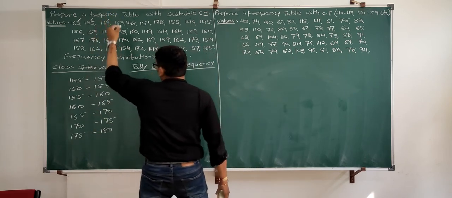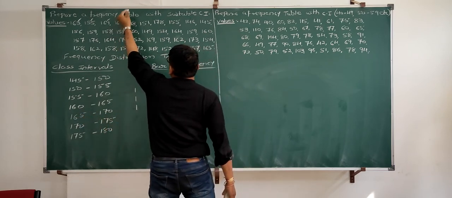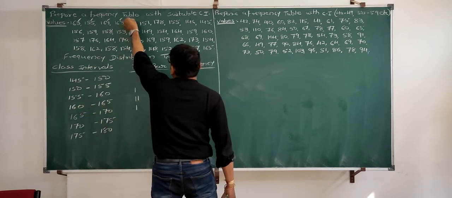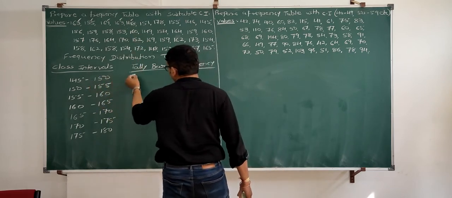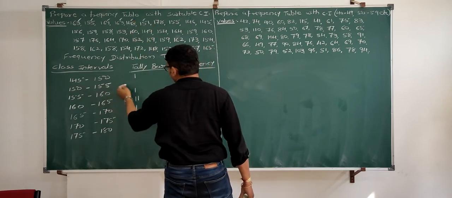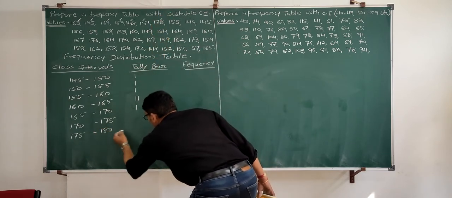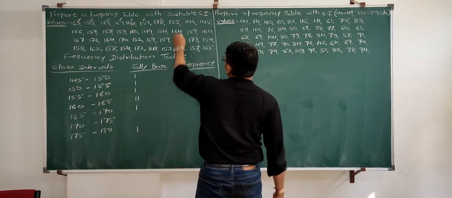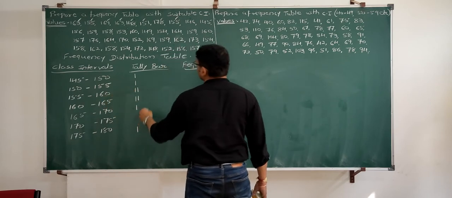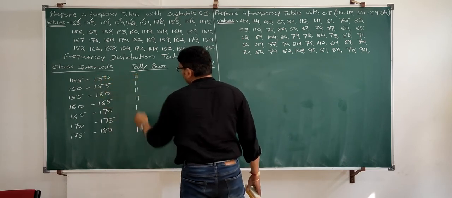Again mark it. 169 comes under 165 to 170. 163 comes under 160 to 165. 148 comes under 145 to 150. 151 comes under 150 to 155. 178 comes under 175 to 180. 155 comes under 155 to 160. 146 comes under 145 to 150.